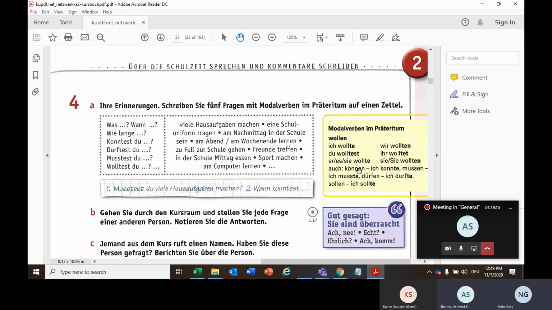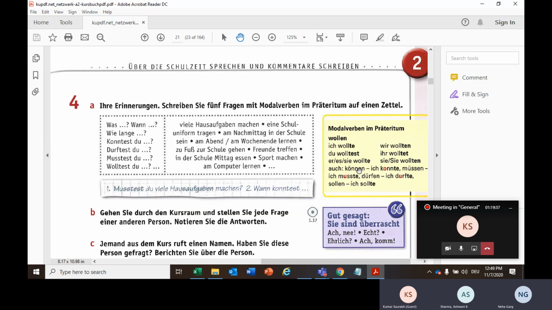So, wie lang? Saurabh, can you read that? I'm not able to understand what you have written. Wie lange Hausaufgaben machen? What does this mean? How long do you study your school homework? Okay, we'll write the questions.